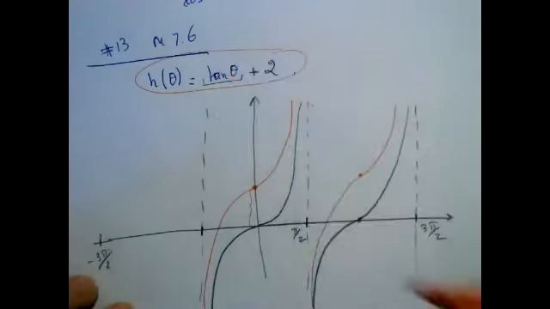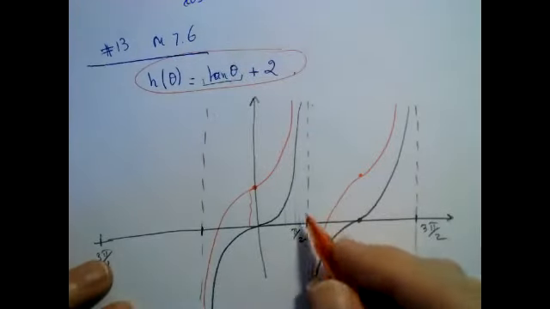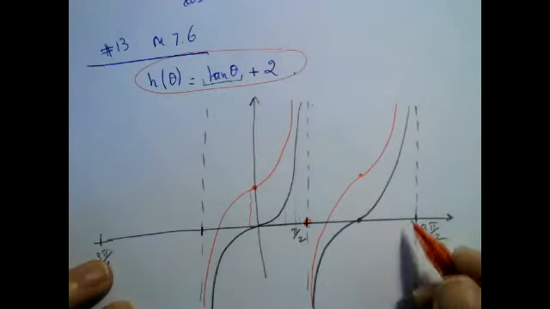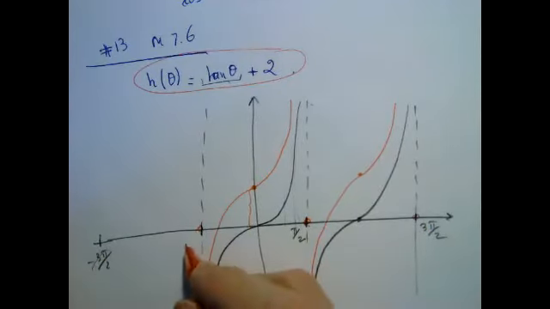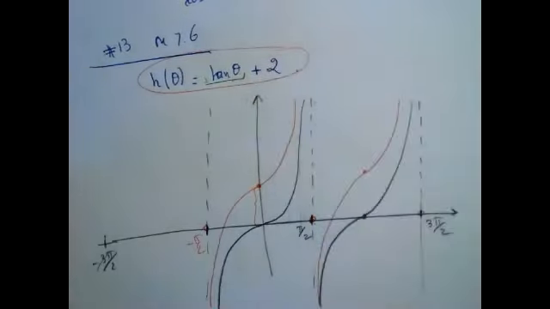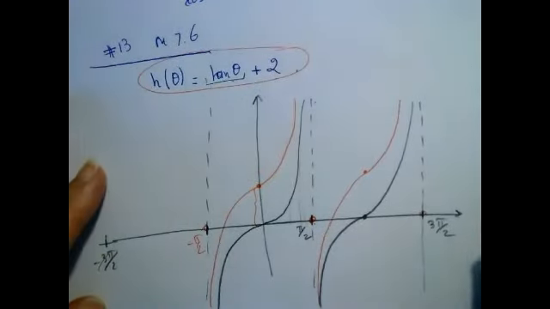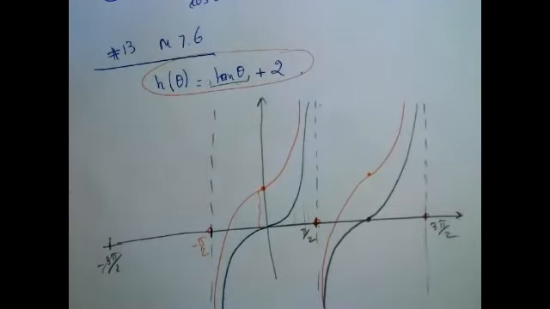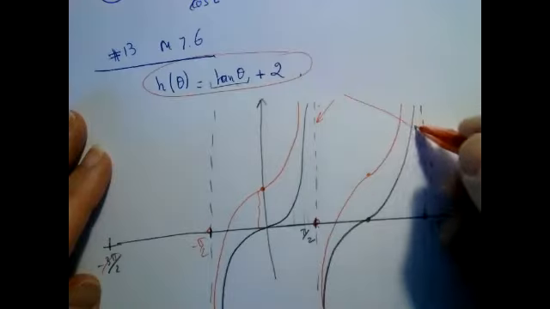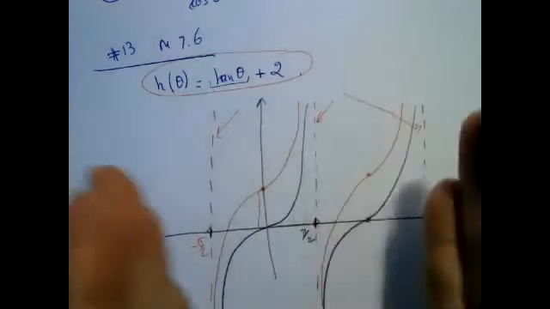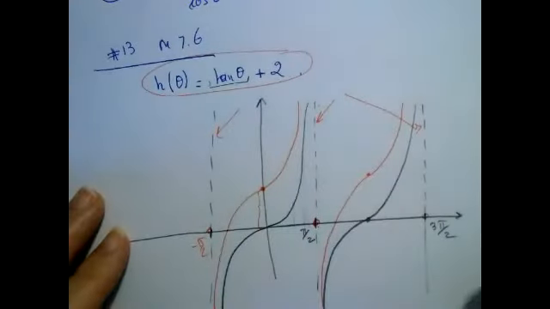Also, for this new function, if I plug in pi over 2, 3 pi over 2, minus pi over 2, there will be no output. And that will be my graph. So the asymptote, what they mean by asymptote, basically, it means those lines. Those lines are the asymptote. It means where the function is not really making sense.